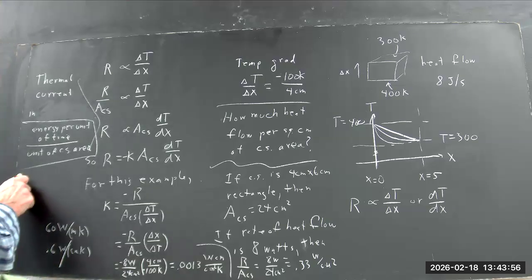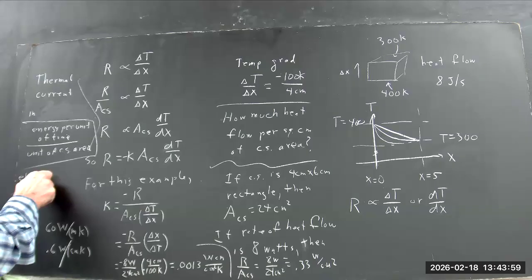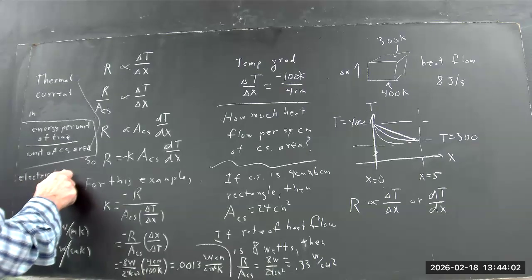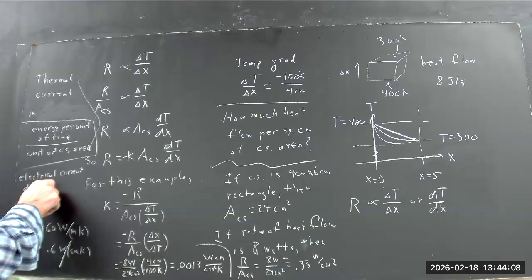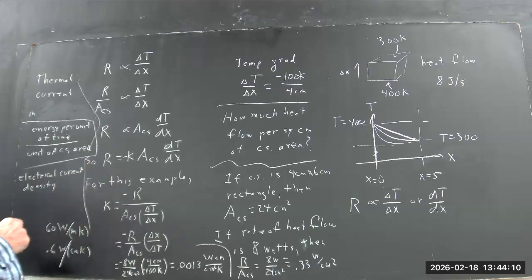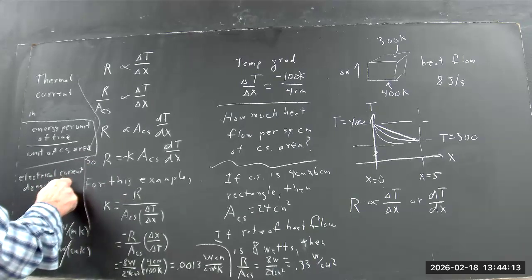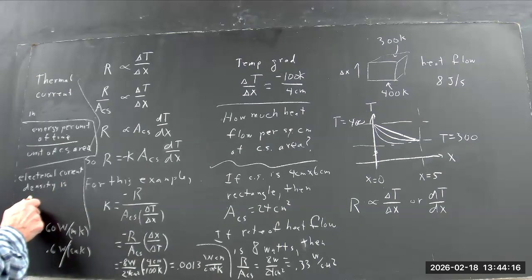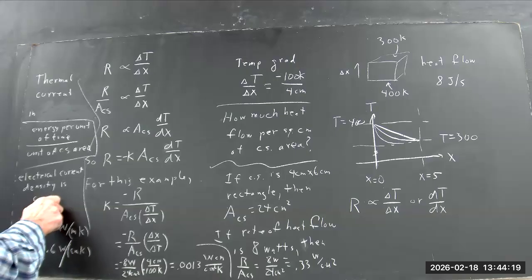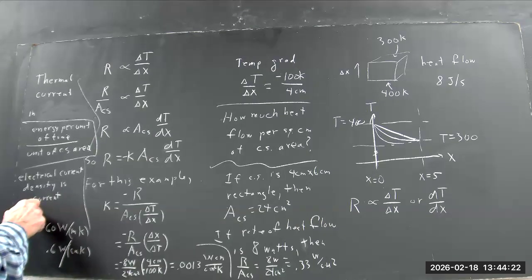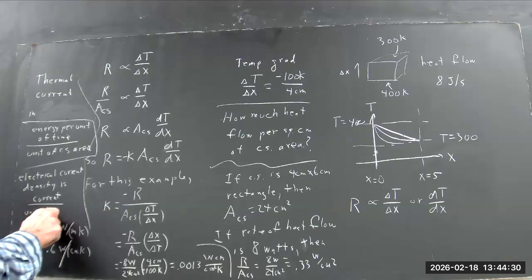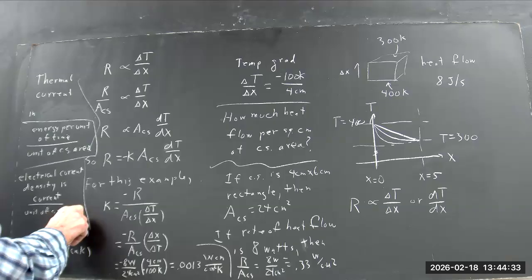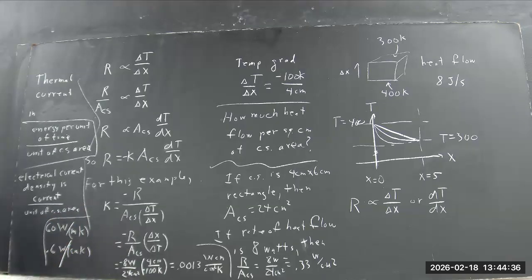Electrical current density is current per unit of cross-sectional area.